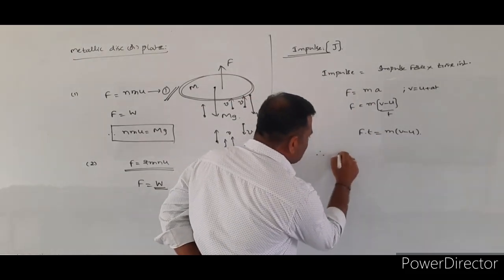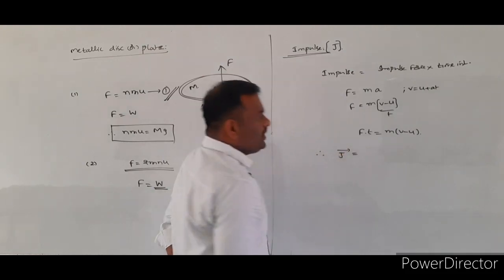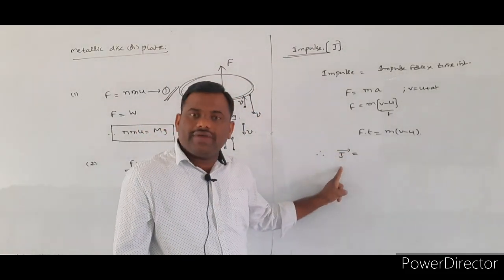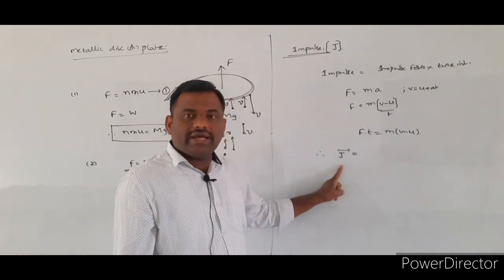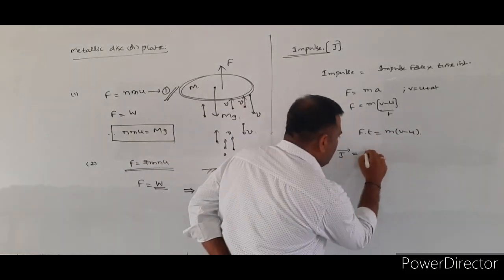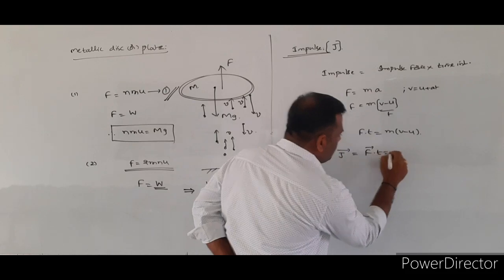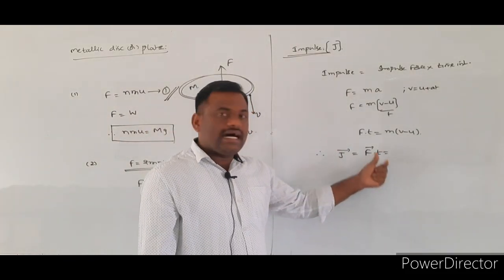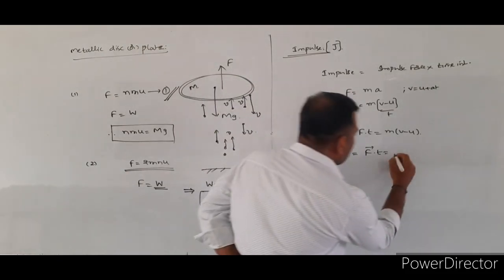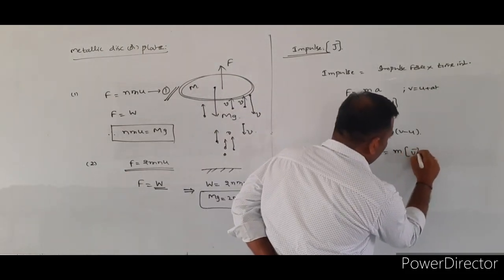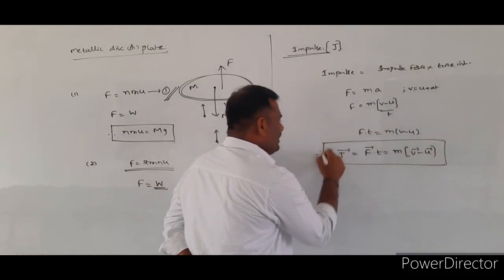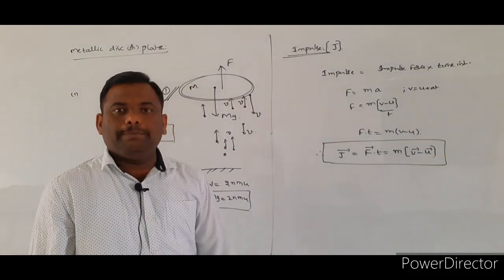Therefore, impulse is a vector quantity. J bar is equal to F bar into t, where F bar is the force vector and t is a scalar, which is equal to m into (v bar minus u bar).